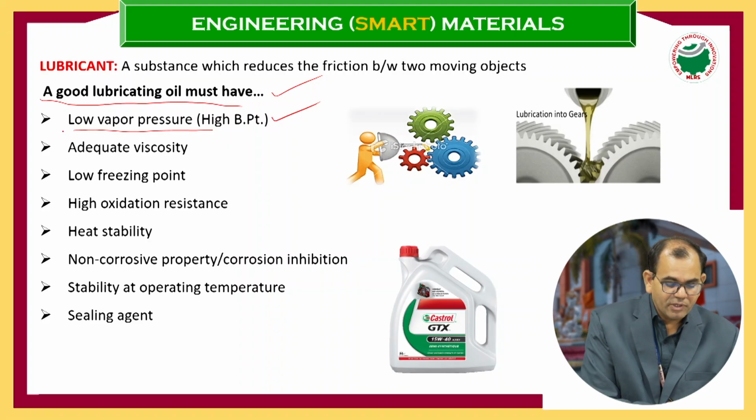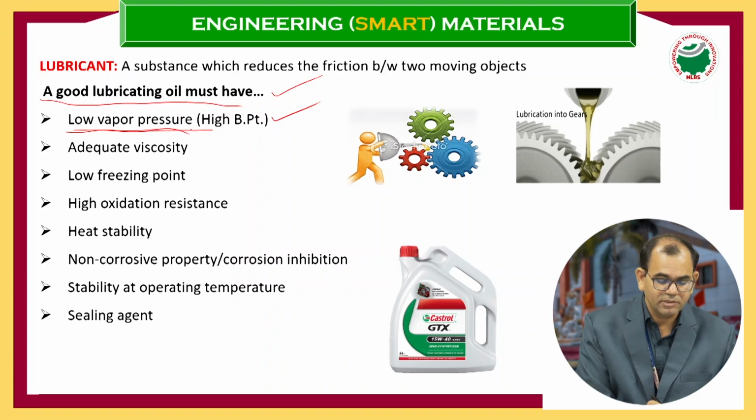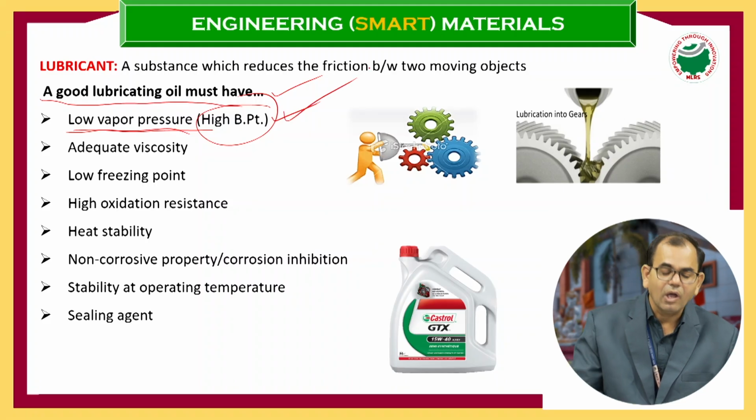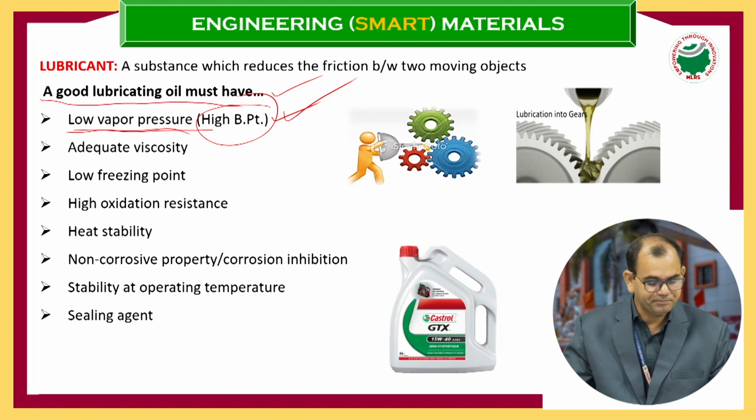Similarly, if your lubricant has lower vapor pressure, that is nothing but a high boiling point, then we can avoid the volatile nature or evaporation. So a lubricant should have a high boiling point and should not evaporate easily.